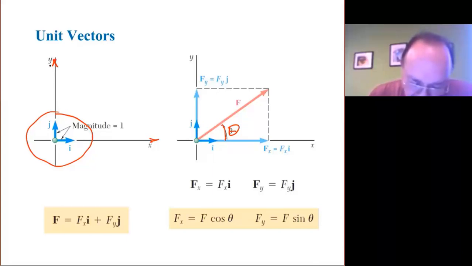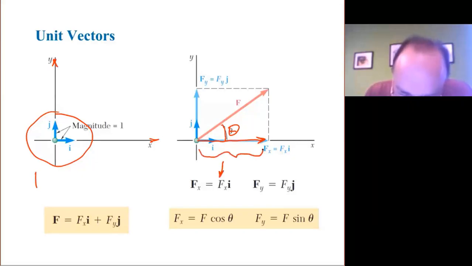This allows us to write the vectors in a nice way. For example, if I have here the vector Fx, I can express the vector Fx as the magnitude of the vector, which is just the scalar, how long that arrow is, this Fx in italics, multiplied by the vector i.